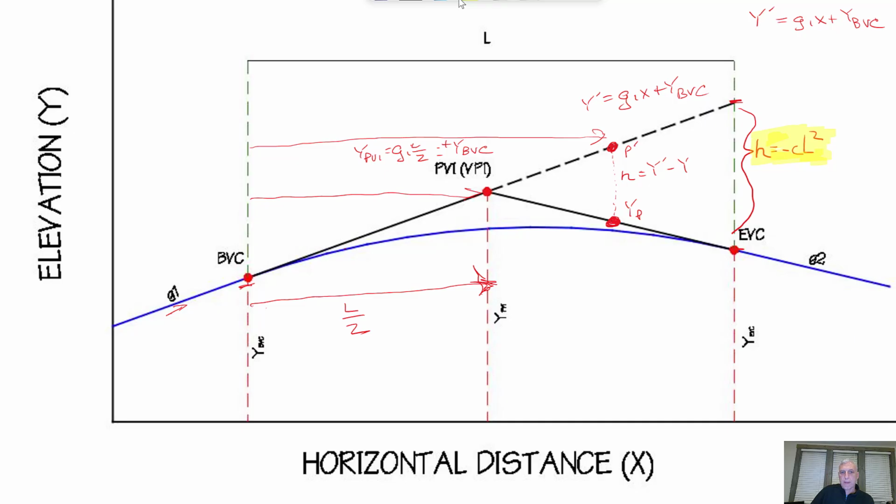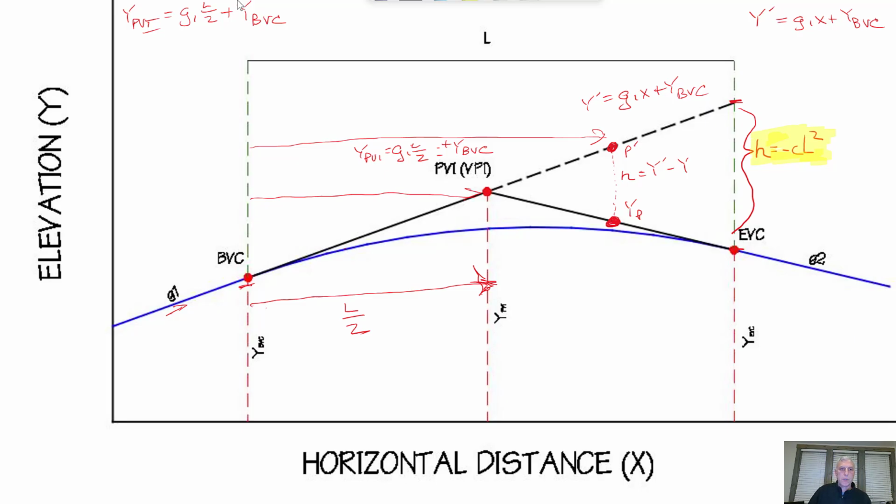And let's keep track of that over to the left side here. Y PVI equals G1 L over 2 plus y BVC.